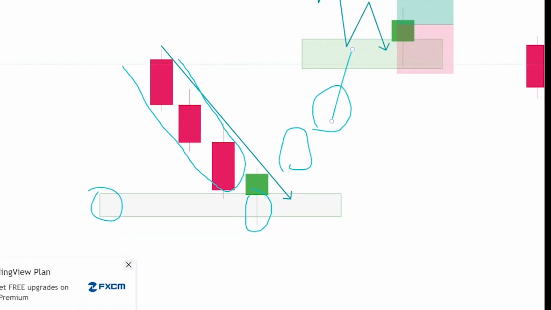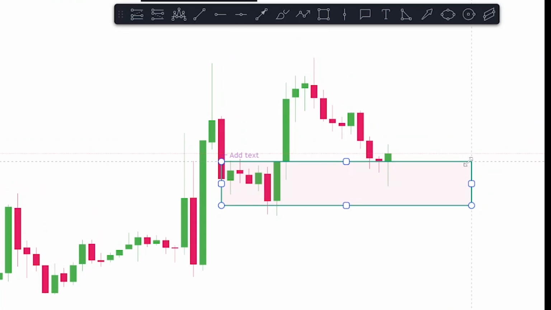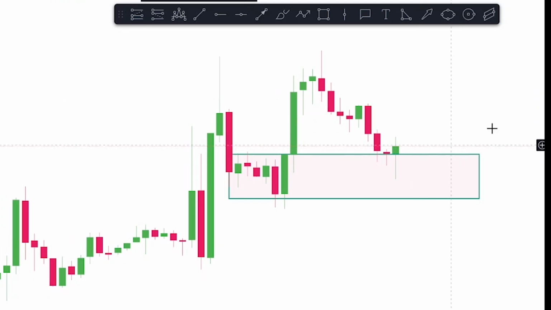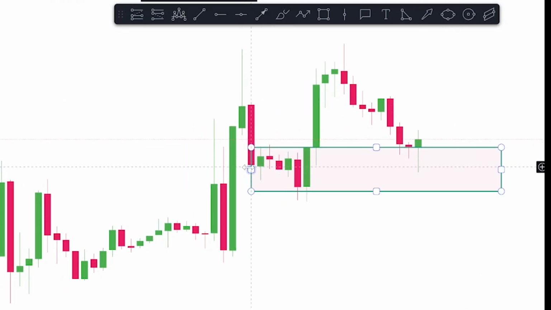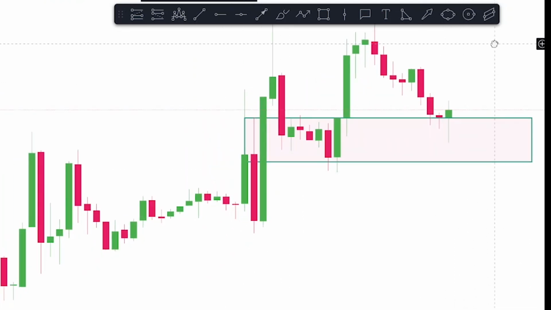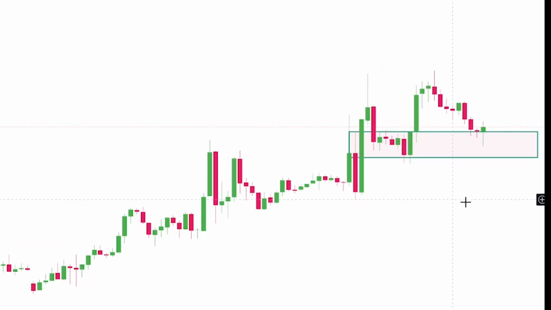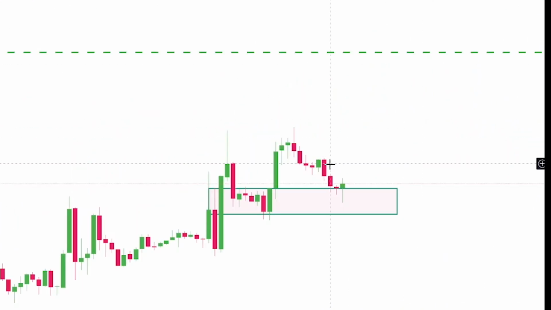Let's say from this example, we have a hammer that is formed from the retracement from this area where the market is in the continuation. We are in the bullish continuation this time. We formed a hammer from this area, from the retracement where we are expecting to be buying from.